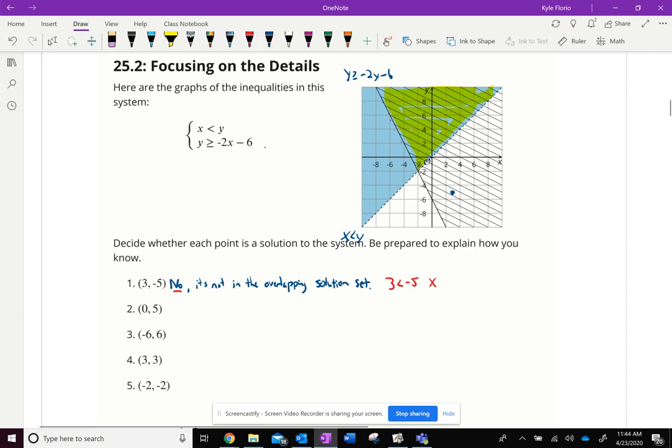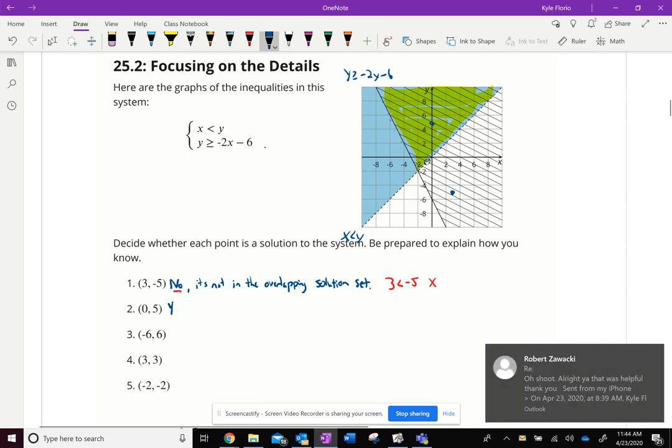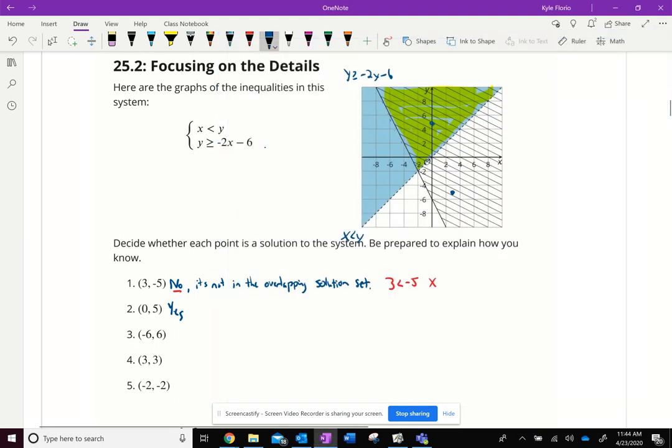All right, next one: is (0, 5) in the solution set? (0, 5) is going to be right here, and yes, it's in this region. Yes, (0, 5) is in the solution set. Is 0 less than 5?